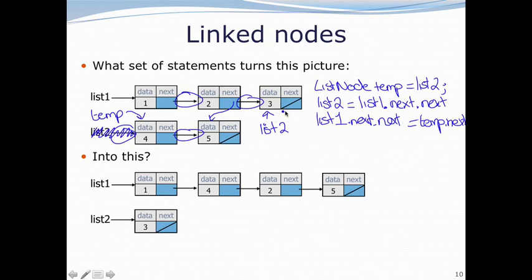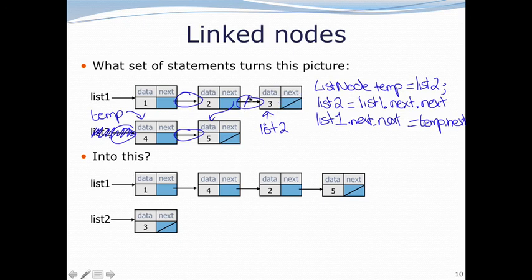Okay, so I think I should take a second to redraw the lists here because this is starting to get a little bit confused. Oh, maybe I'll wait until the next step actually. So this is pretty good. I have 1, 2, 5 that are linked together. Then list 2 references the 3, which then ends at null, which is fine.